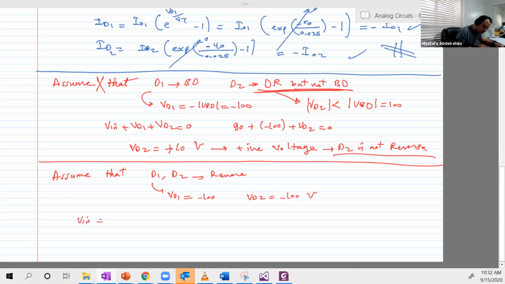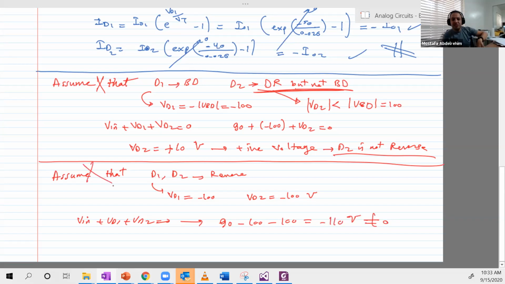V input plus VD1 plus VD2 should be equal to 0. V input is 90 minus 100 minus 100, which is equal to minus 110 volts. That's not equal to 0, so this is a wrong assumption. And so on and so forth. You can assume whatever you like, you will find some discrepancy in the outputs. That means the assumption is incorrect.